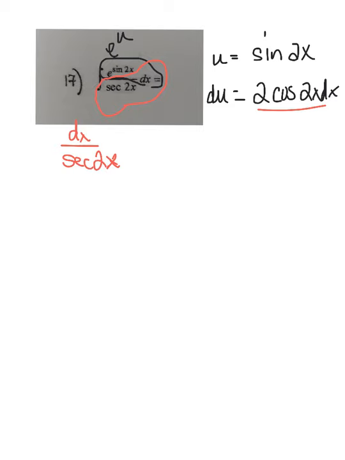So if you want to think about this in another way, if I put a 1 here, which I can, isn't 1 over secant really cosine? And isn't that what we have right here? So another way to write this really is just cosine of 2x dx, because what I circled right here is really cosine of 2x. And then this is my dx.